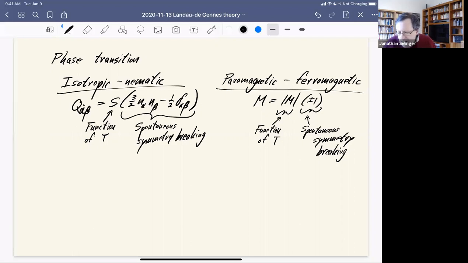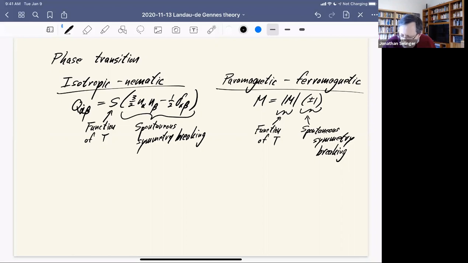Okay. Now, when we were working on the Ising magnet, as you recall, we had a way to determine things about the temperature dependence, right?